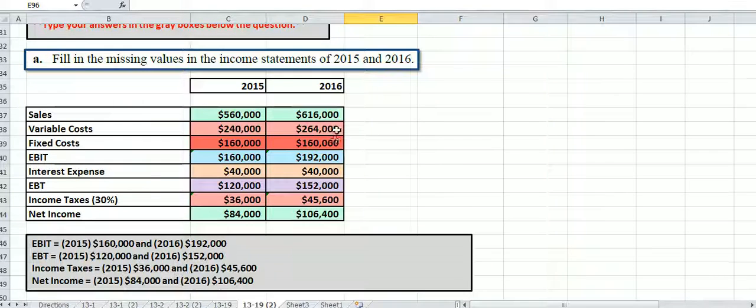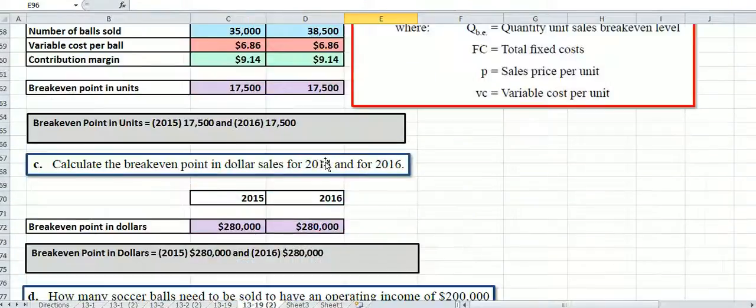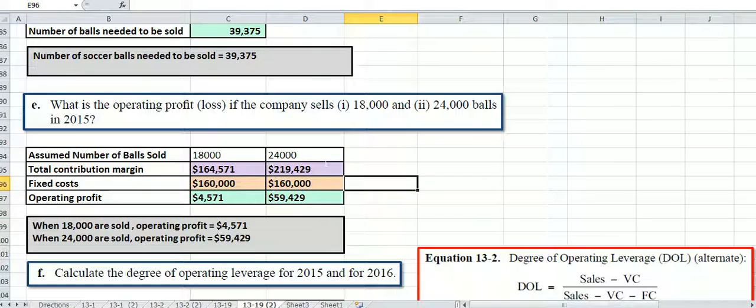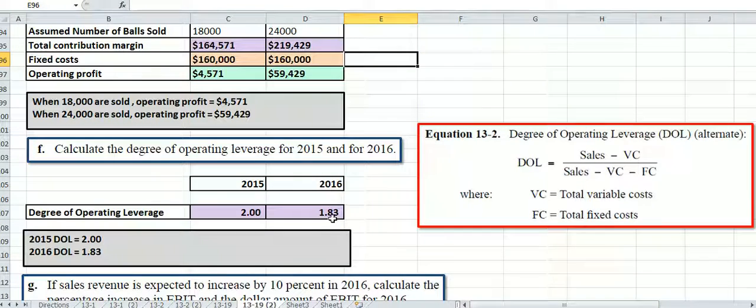So the ratio of fixed cost to variable cost changed. It's weighted in 2016 heavier on the variable than the fixed, and that's why the degree of operating leverage went down, which we can interpret as less risk.